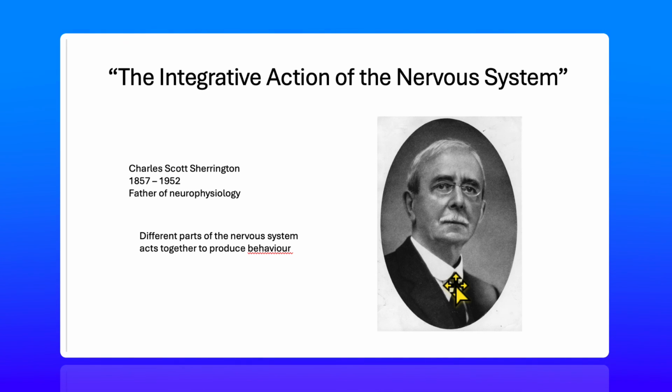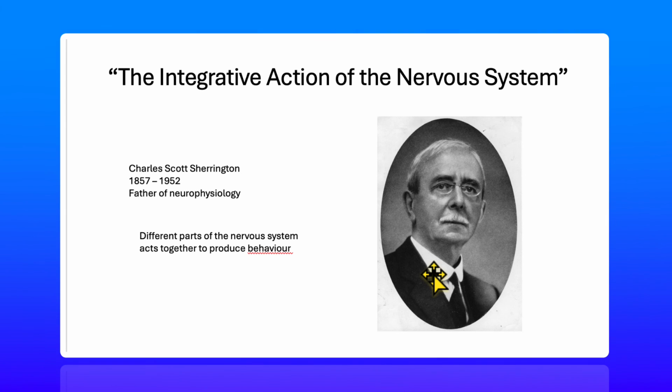Sherrington wrote a book called The Integrative Action of the Nervous System. It's a classic. And the essence of the book was that different parts of the nervous system act together to produce behavior. And not only do the different parts of the brain act together, but there might also be excitatory and inhibitory influences.